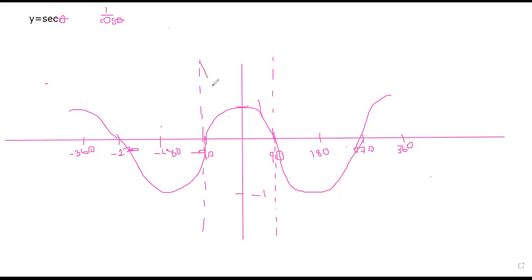So this is how you draw the cos, and here also. That is how you draw a sec graph, and 90 to 270 is okay, and here also 270 to minus 270.